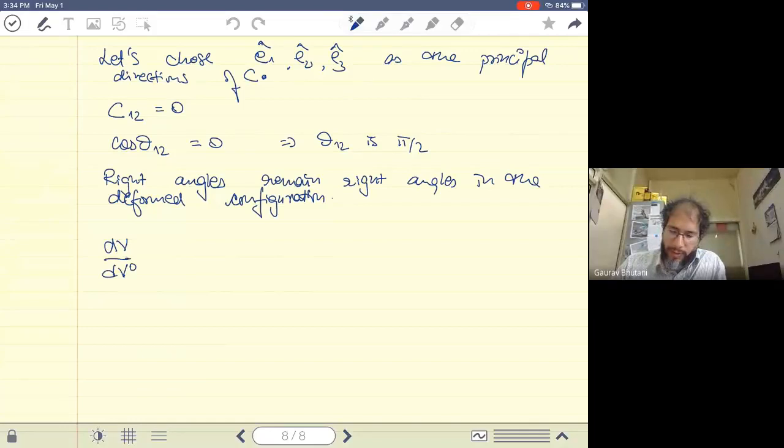So dV denotes a small infinitesimal volume in the deformed configuration, and dV naught denotes a small volume in the undeformed configuration. Okay, so these are given as d small x1, d small x2, d small x3.